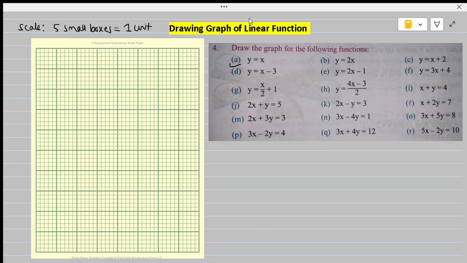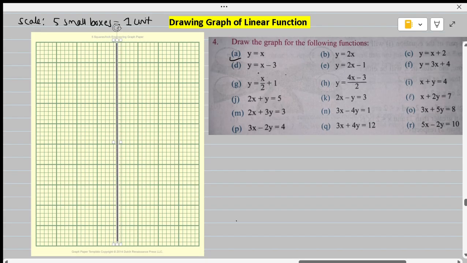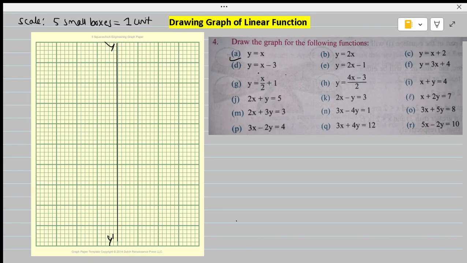So let's go. First we draw the vertical axis y and the horizontal axis x, right? I'm taking this one as the y-axis, and we represent this as y dash.